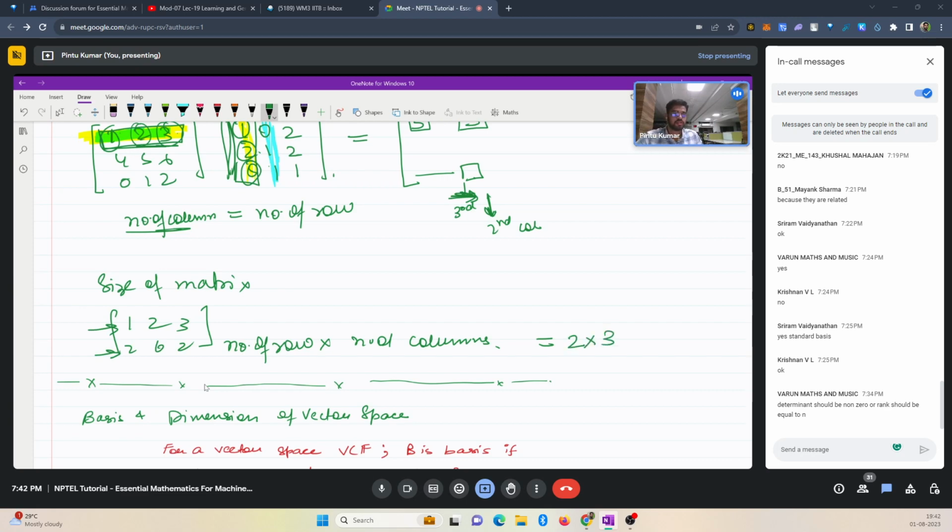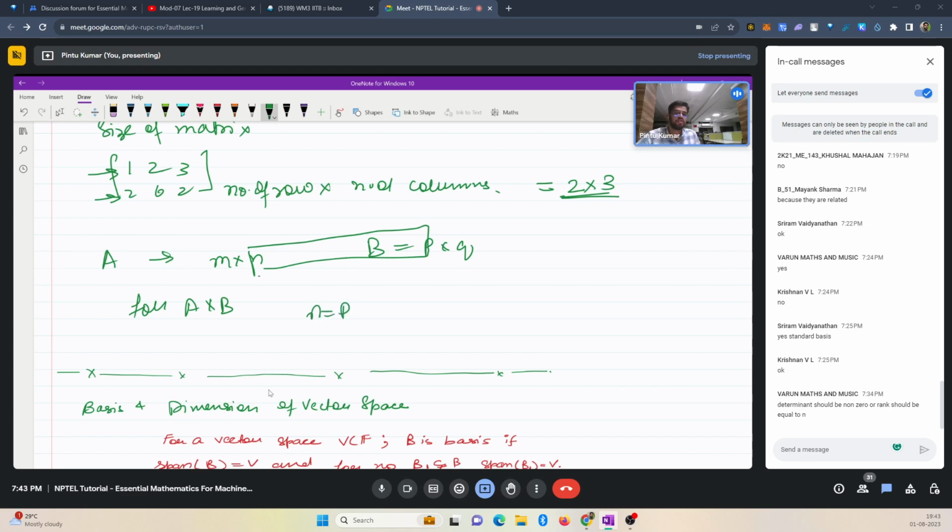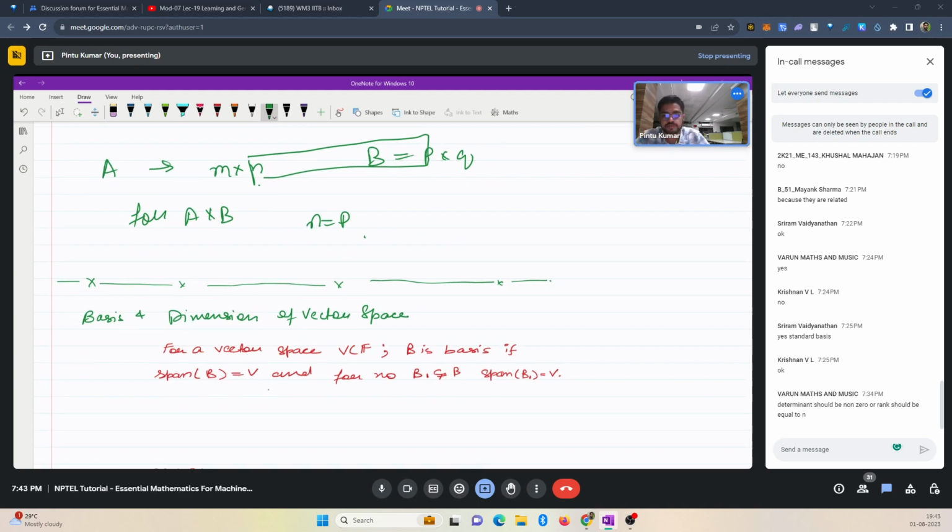Okay. So if your A is M cross N and B is P cross Q, then for A to be multiplied with B, your N should be equal to P. That is, the number of columns should be equal to the number of rows of the second matrix. Okay, just a basic thing.